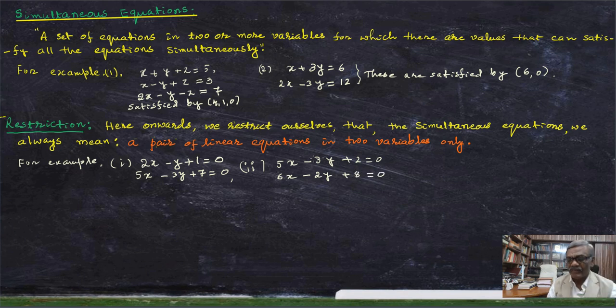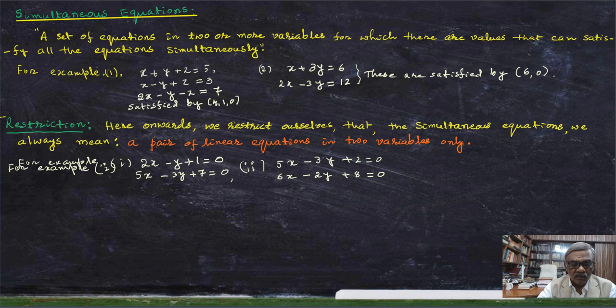These are also linear equations in two variables x and y, and such types of equations I will simply call a simultaneous equation without mentioning the two variables or linear, etc. By simultaneous equations we mean here a pair of linear equations in two variables only.